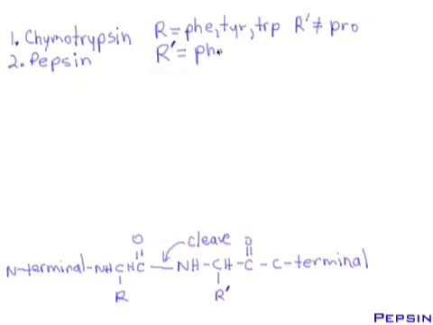So, if R prime is phenylalanine, tyrosine, tryptophan, pepsin will cleave to the left of it, as long as R, the group with the R group here, is not proline. Proline seems to interfere with this process. Now, pepsin is even worse than chymotrypsin. It's very nonspecific. It's also known to cleave leucine, aspartic acid, and glutamic acid.